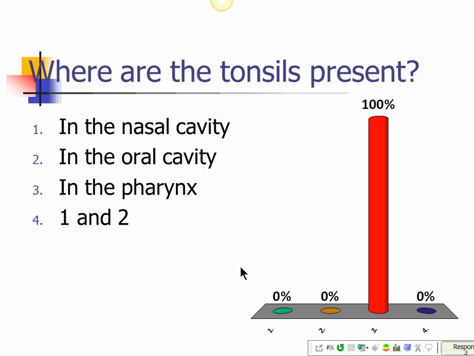Yes, in the pharynx. Remember the nasopharynx and the oropharynx. The tubal tonsil and the pharyngeal tonsil in the nasopharynx, the palatine and lingual in the oropharynx.